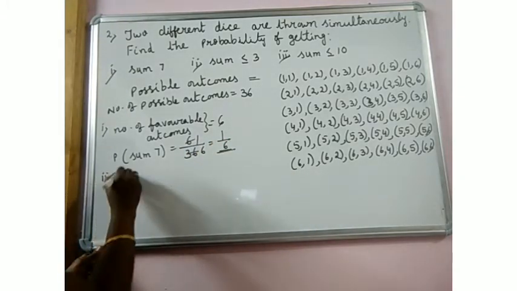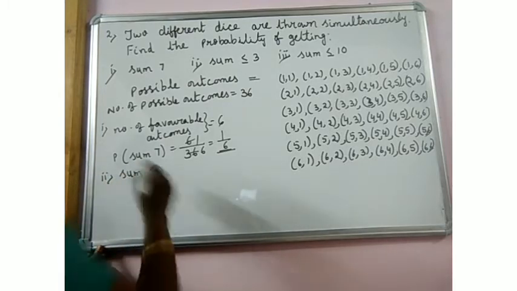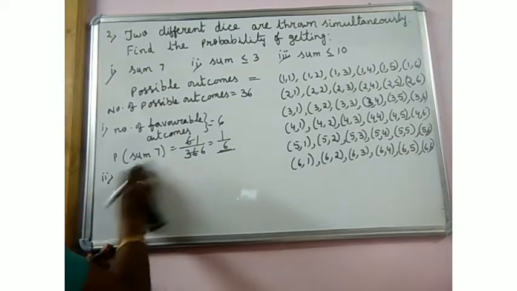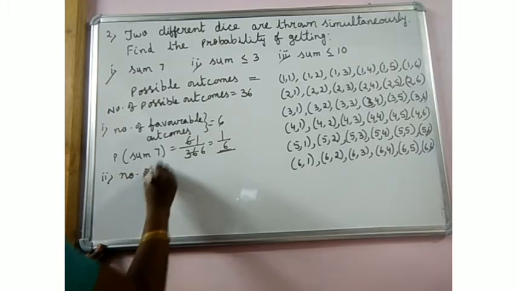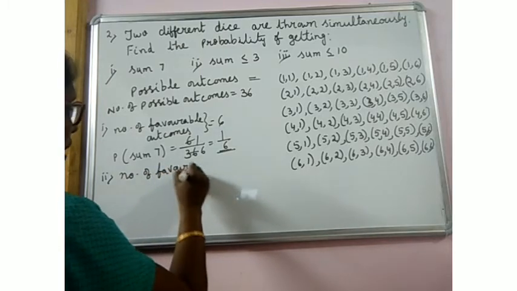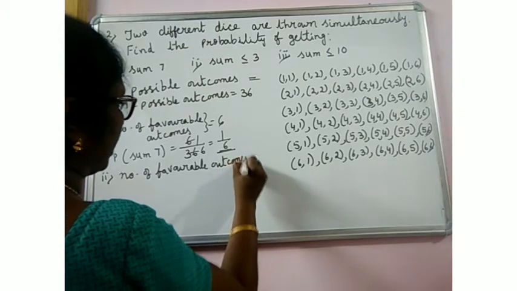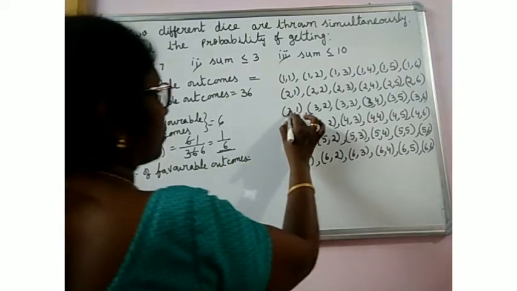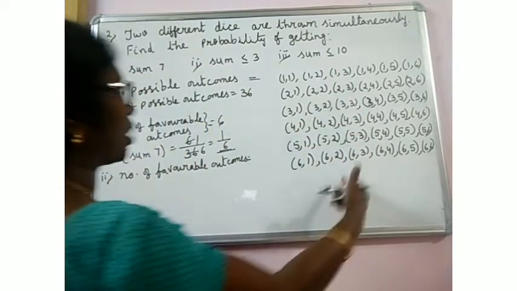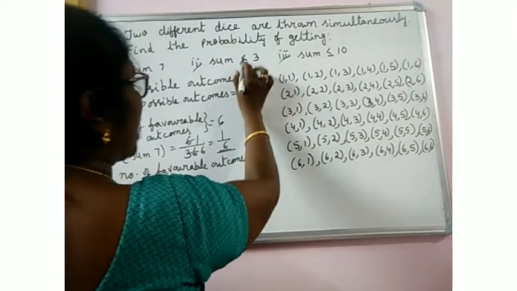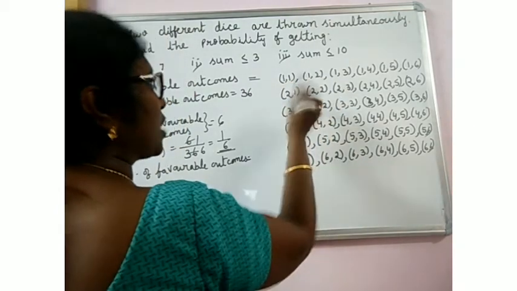And your second bit is, the probability of getting a sum less than or equal to 3. Let us see the number of favorable outcomes, either less than 3 or equal to 3. From here, 3 1 becomes 4, so we won't get any favorable outcomes there. Equal to 3 or less than 3: 1 1 is 2, 1 2 is 3, 2 plus 1 is 3.